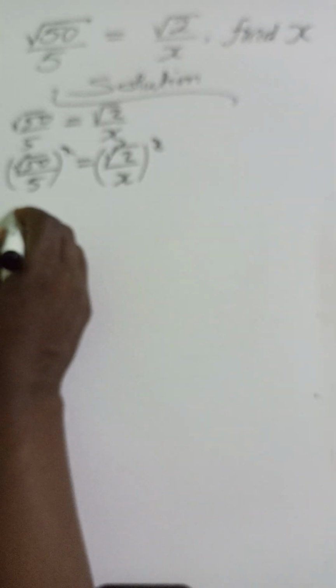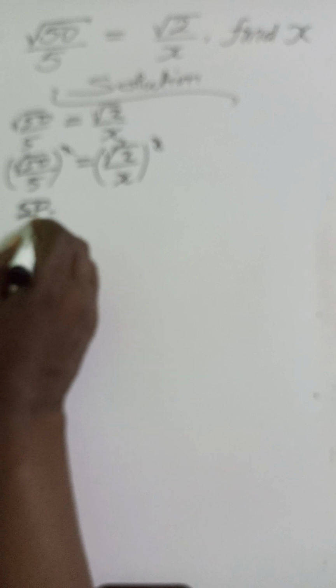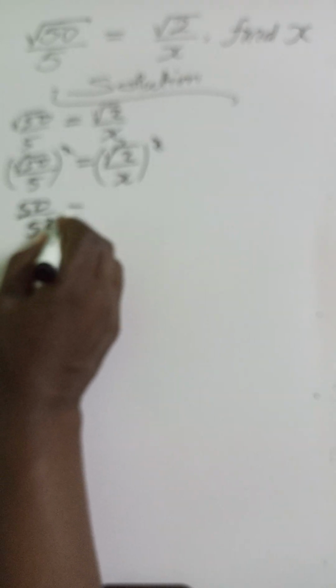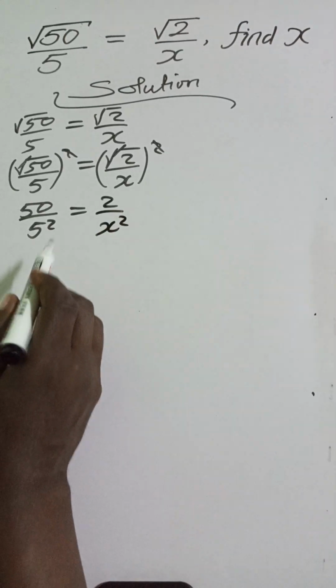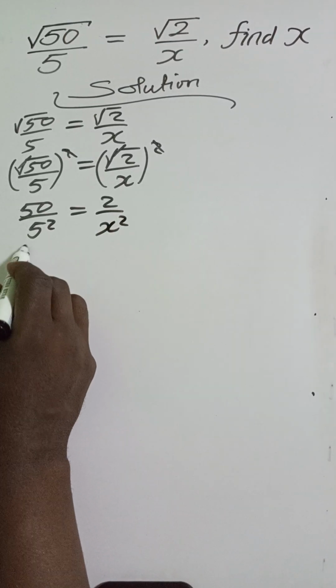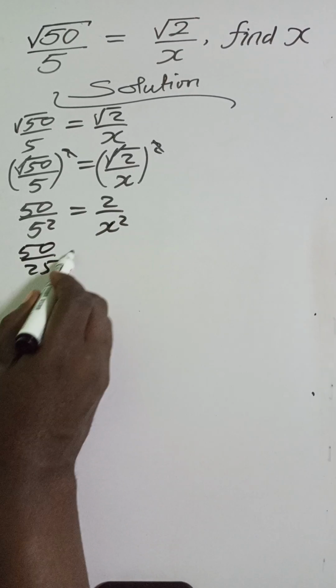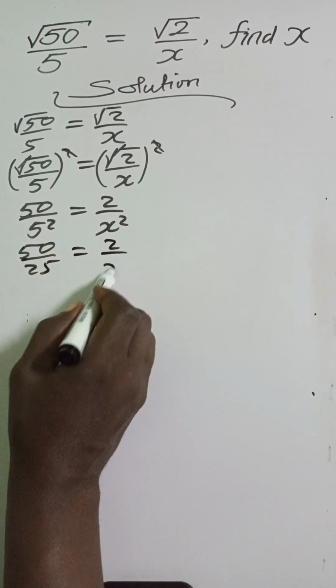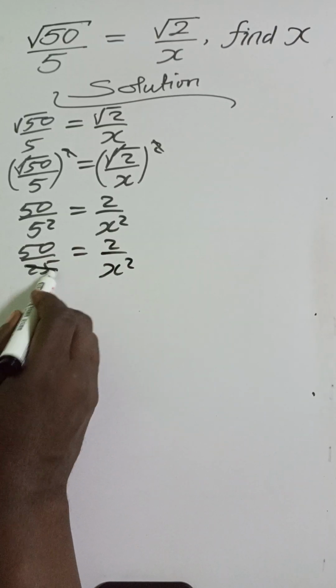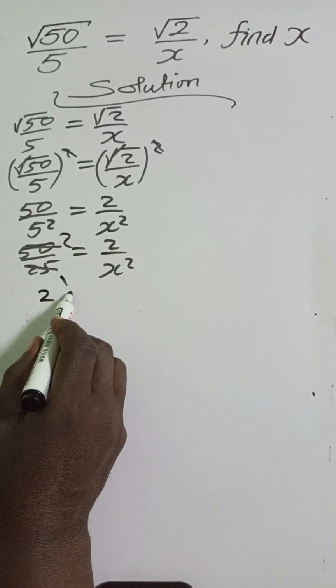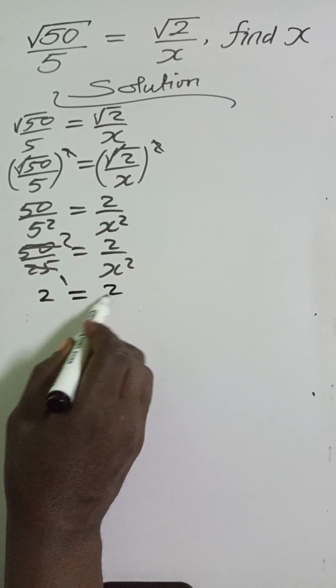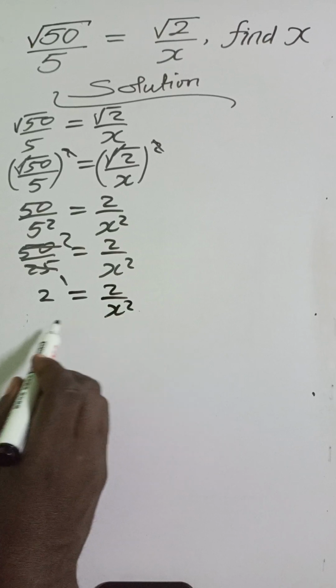So this gives us 50 all over 5 squared is equal to 2 all over x squared. And 5 squared we know is 25. So we have 50 all over 25 is equal to 2 all over x squared. 25 here 1, 25 there 2. All right, so we end up having 2 is equal to 2 all over x squared.